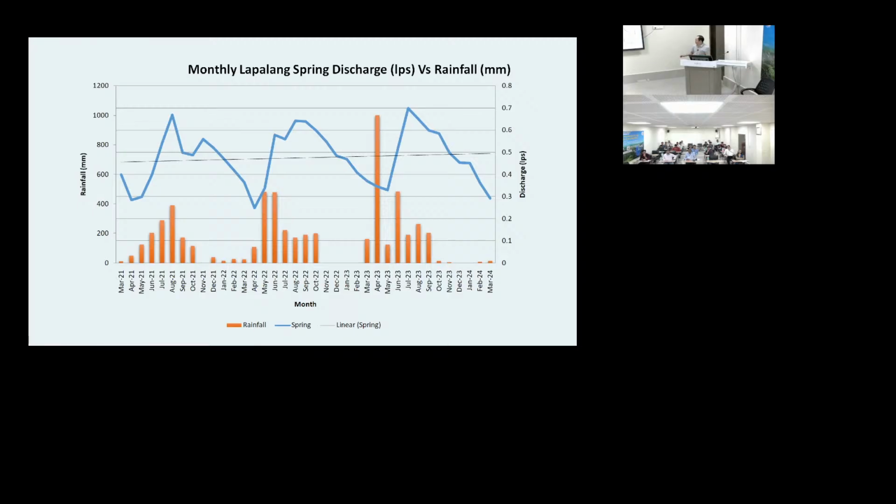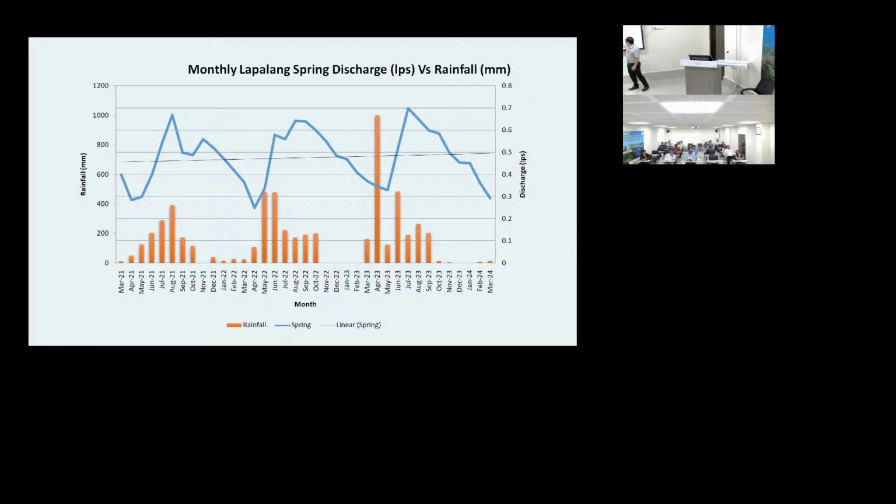We have also monitored almost daily, so we can show the rainfall and the spring hydrograph. The orange is the rainfall data, and this one is the spring discharge. We can see that it doesn't get recharged immediately to the spring aquifer and the discharge doesn't increase suddenly.